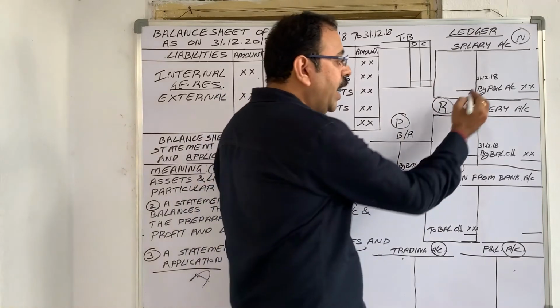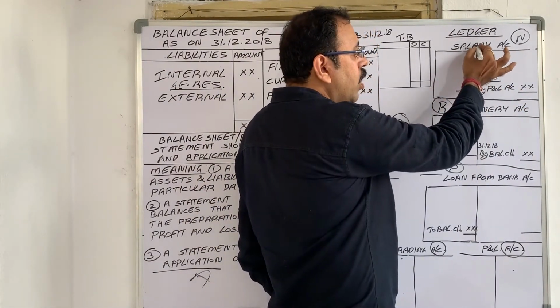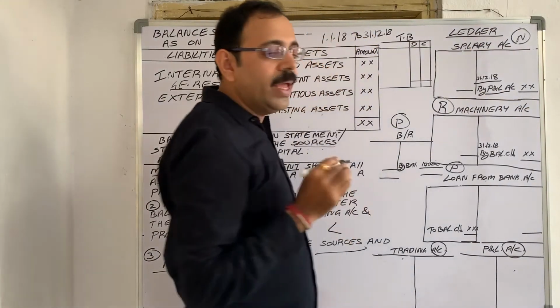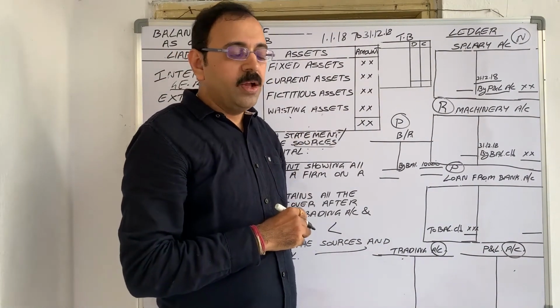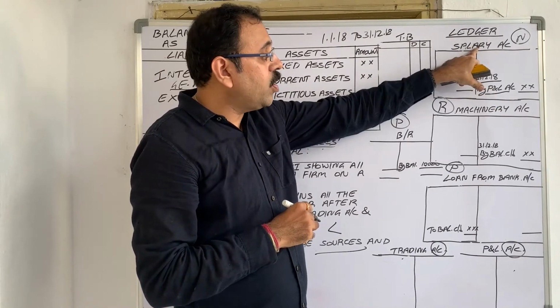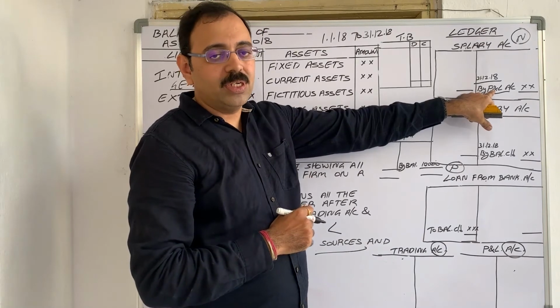But at the end of the year, we close this nominal account by transferring the balance to either profit and loss account or to trading account. We show salary in P&L account now. That is why salary account we closed it by transferring to profit and loss account.